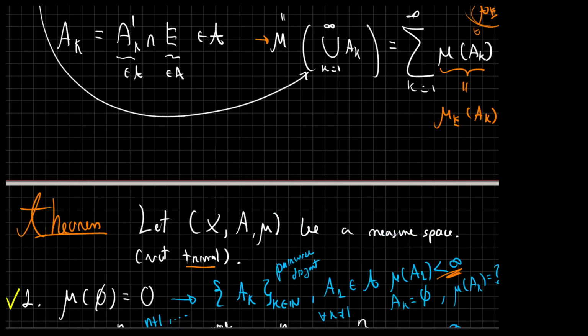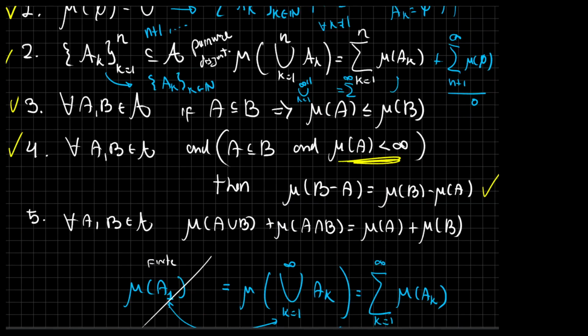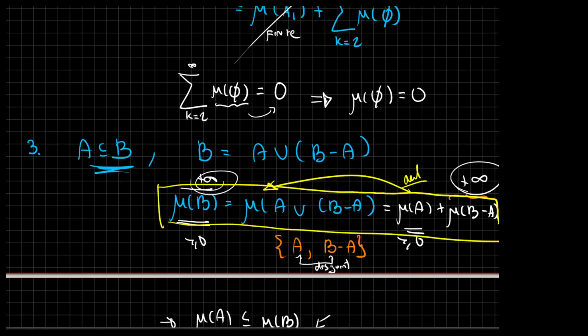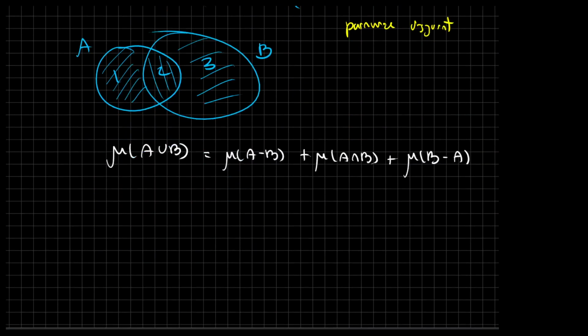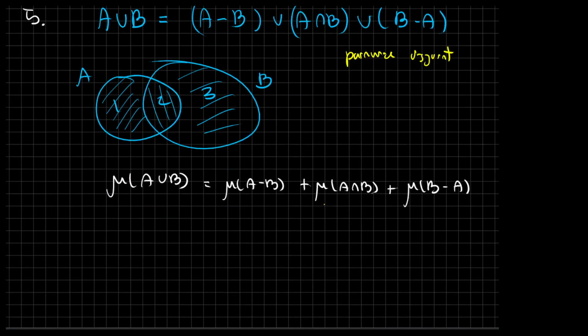We have in general that this holds, but it may depend on whether it's finite or infinite. I mean, let's work these cases slowly. The first scenario is that this is infinite.